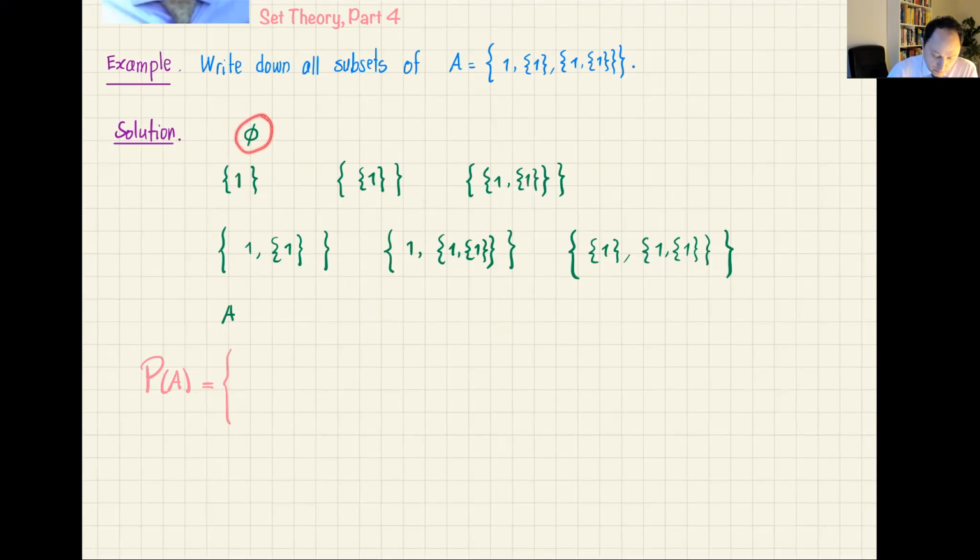I will put this here, so it becomes the empty set. And the next one, I separate it by a comma. The next one is this one. The next one is this one. So I just arrange them in a set. If I arrange them in a set, then that set is called the power set of the original set.